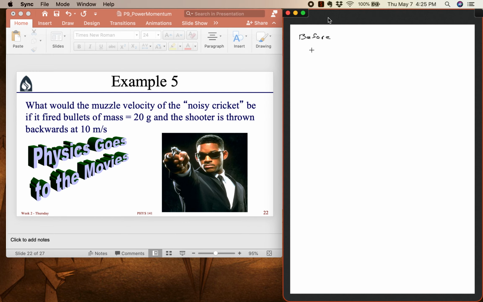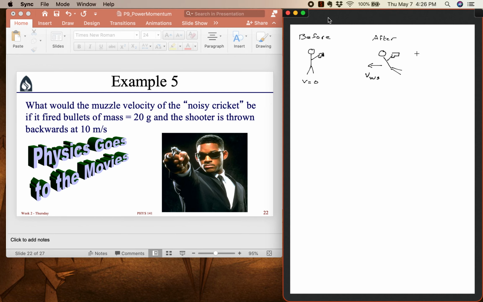So for the before picture, everything is together. We have Will Smith's character here with the noisy cricket and the bullet inside the gun. And everything is at rest. All velocities are equal to 0. After the noisy cricket fires, we have Will Smith's character with the noisy cricket, and he is being flung backwards at some velocity, which we've defined here to be 10 meters per second.